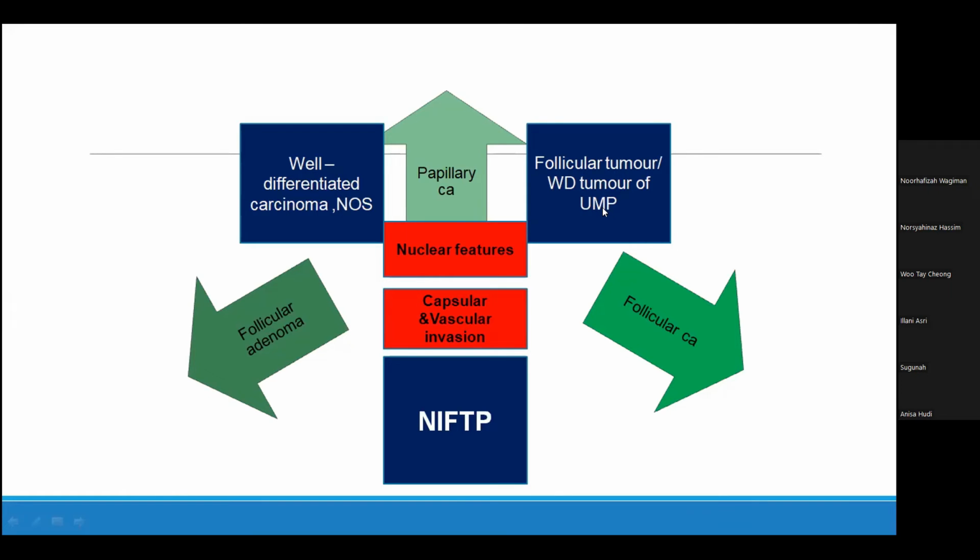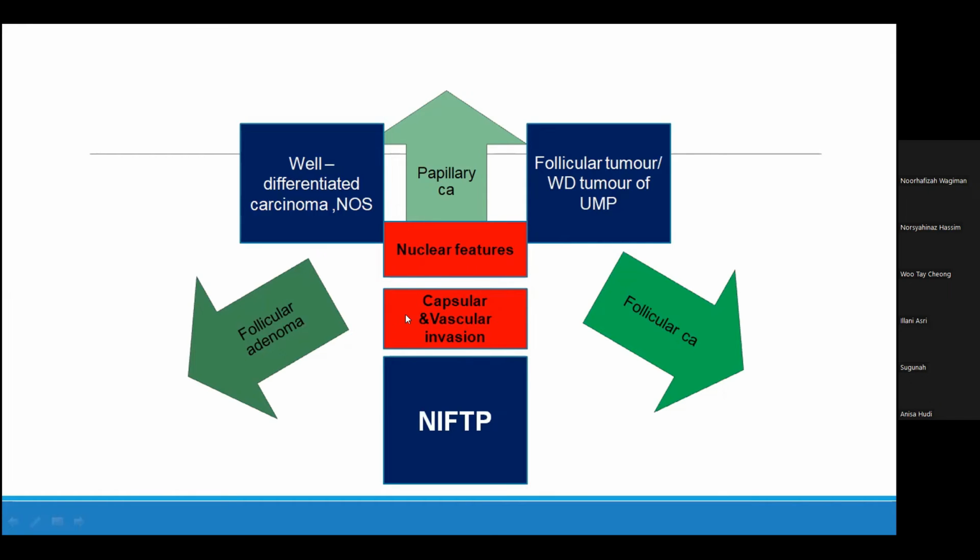unknown malignant potential. But when you have some nuclear features of PTC, but you cannot be sure, not really 100% PTC, and you can't push it to papillary carcinoma, we conclude it as well-differentiated tumor of unknown malignant potential when you have any of these questionable features.